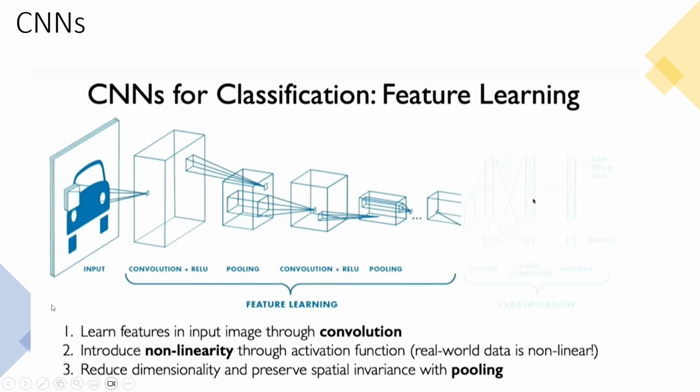But for now, please remember we have the input image, we have a convolution layer plus ReLU activation, we have the pooling layer, we have another convolution plus ReLU, and we have another pooling layer. At the end of the network, we have other layers that we will be seeing. What we have in these convolution layers plus ReLU is filters. We have seen this has a depth.